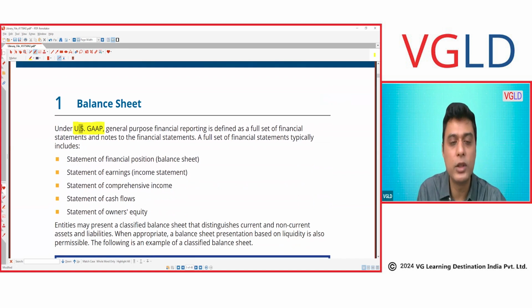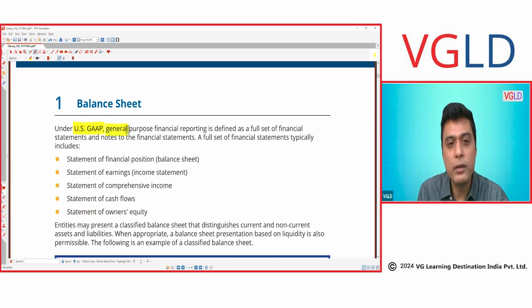IFRS is not part of your syllabus anymore, only and only US GAAP. So in the exam, if the question does not specify anything, obviously it is a US GAAP question. If it asks what will be the treatment of this item, it obviously means the treatment under US GAAP. So your syllabus is only US GAAP.